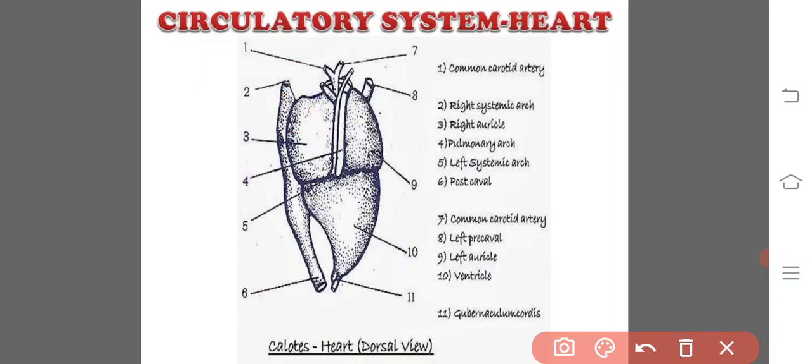And then coming to the auricles, the anterior half of the heart shows two auricles, right auricle and left auricle. They are thin-walled and internally the left and right auricles are separated by a thin muscular interauricular septum that divides them from each other.